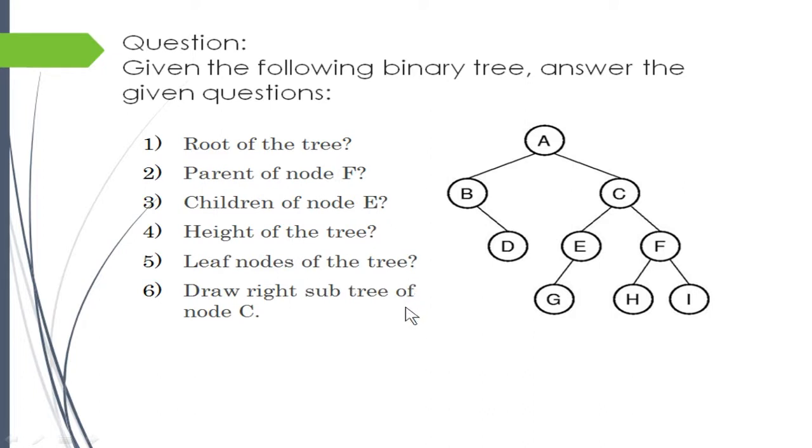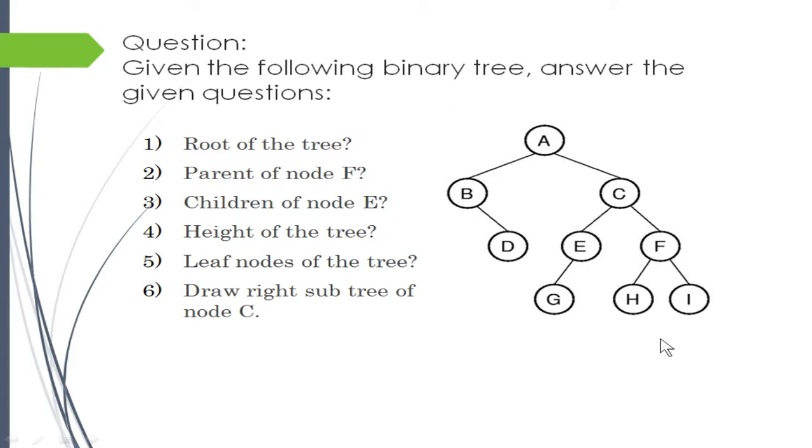Leaf nodes of the tree. You have to just check the terminal nodes here. You got D, G, H, I. So these are the 4 leaf nodes available in the tree. Draw the right subtree of the node C. You can see node C is here. You got the left subtree and then the right subtree. They are asking you to draw the right subtree, so you have to draw this part.